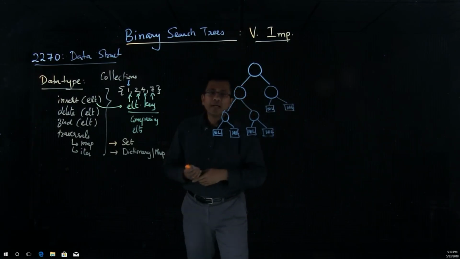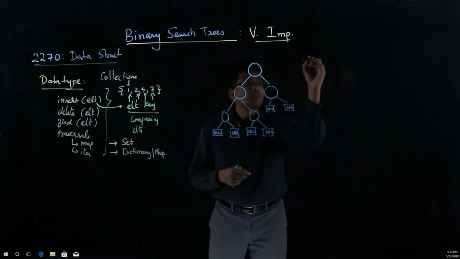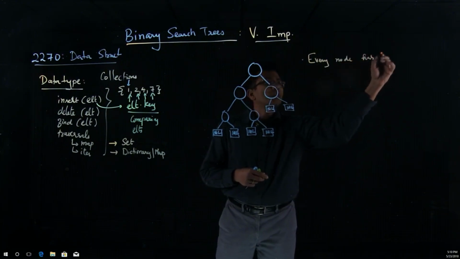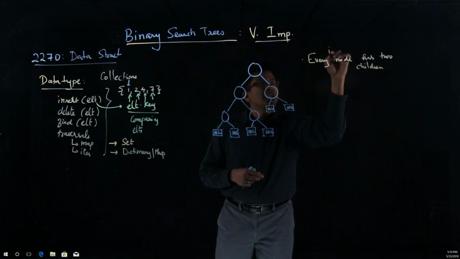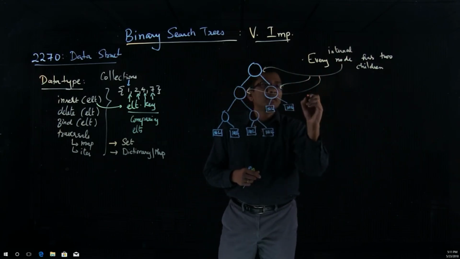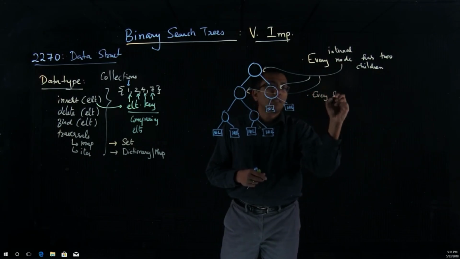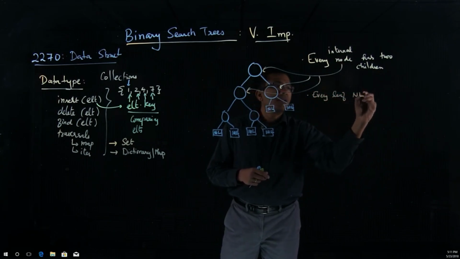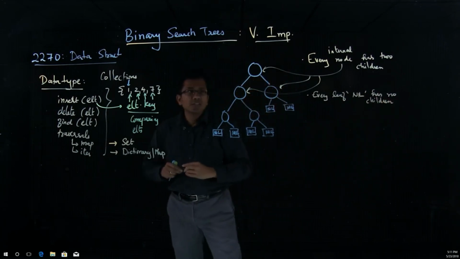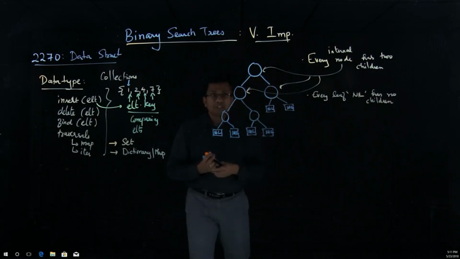Every node except for leaves has two children, and these are called internal nodes. So internal nodes, which are shown in circles, have two children. Every leaf, which are shown as nil, has no children. So this is exactly how we would write down a binary search tree.